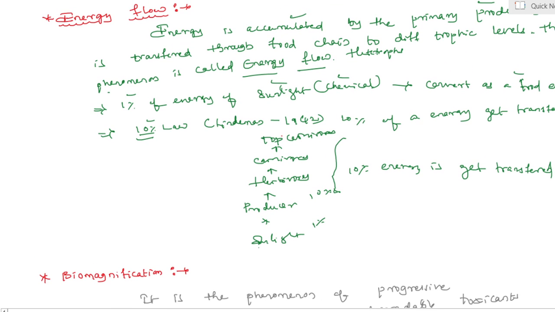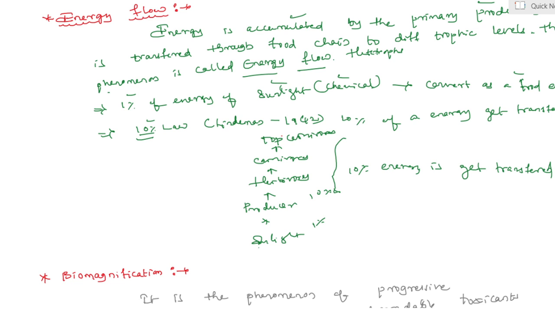Afterwards, what are the main components of an ecosystem? There are two components, one is biotic, another one is abiotic. In the biotic component, they have different groups: producers, consumers and decomposers. Abiotic means non-living things.